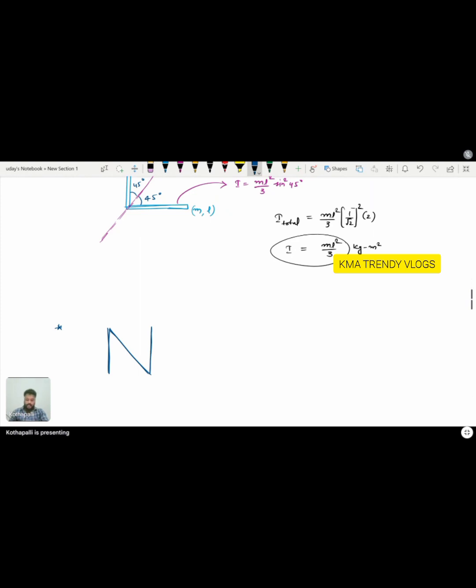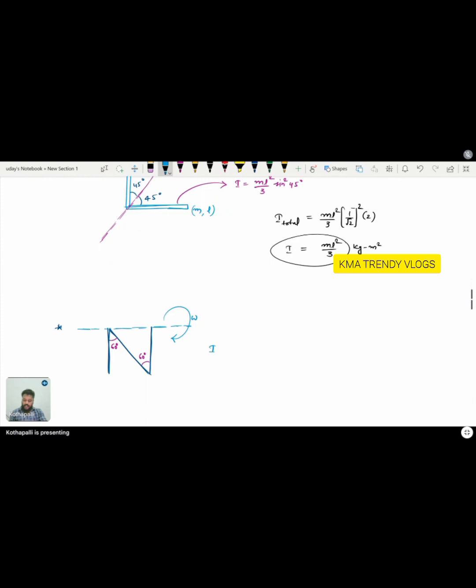So here this angle is given as 60 degrees. At the same time, this angle is given as 60 degrees. Now there is one axis of rotation passing through the top of the letter N like this. And the system is rotating like this with angular velocity omega.